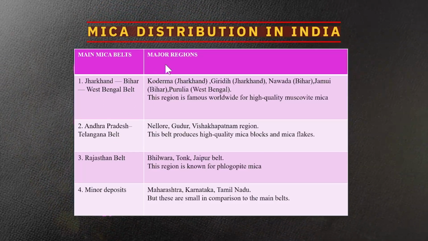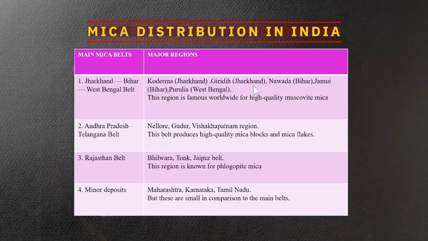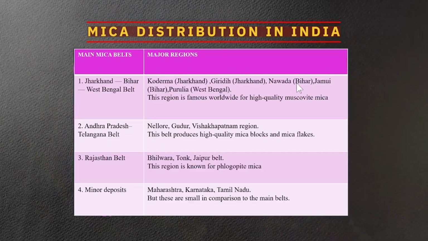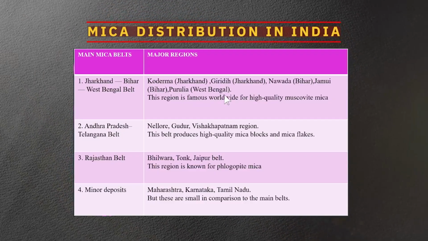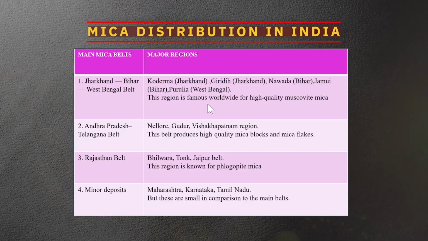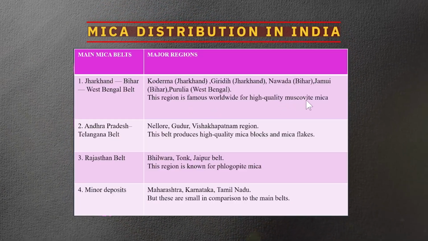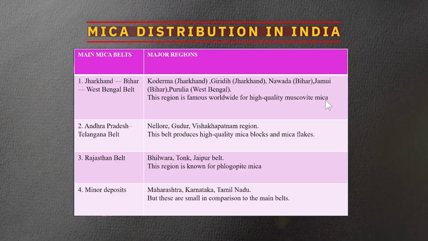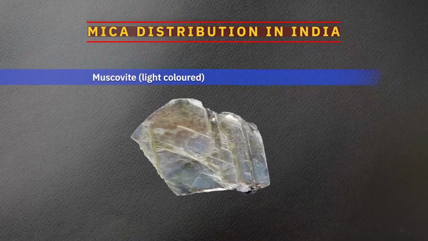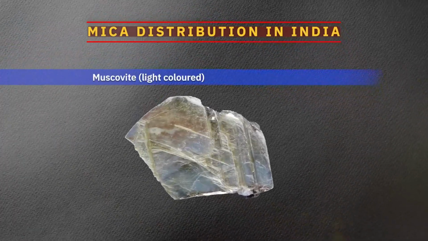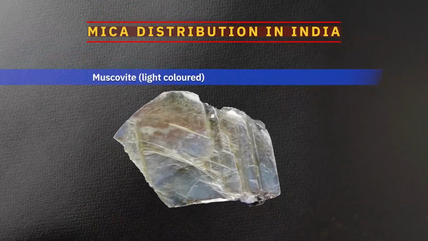In this belt, the major regions include Kodarma and Giridih in Jharkhand, Nawada and Jamui in Bihar, and Purulia in West Bengal. These regions are very famous for worldwide high quality muscovite mica production. And we know what muscovite mica is. I have already explained that the lighter colored material is muscovite mica.